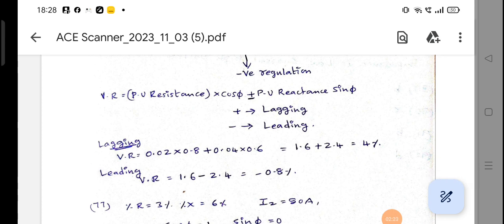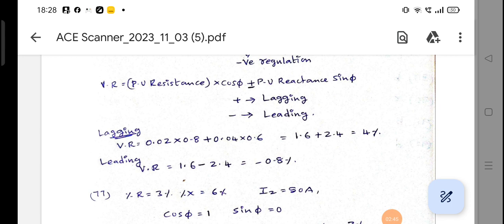Cos phi is given in the problem. Power factor cos phi is 0.8. If cos phi is 0.8, sin phi value will be 0.6. Then voltage regulation for lagging power factor is 0.02 into 0.8 plus 0.04 into 0.6. If I simplify that, for lagging load, voltage regulation is 4%.